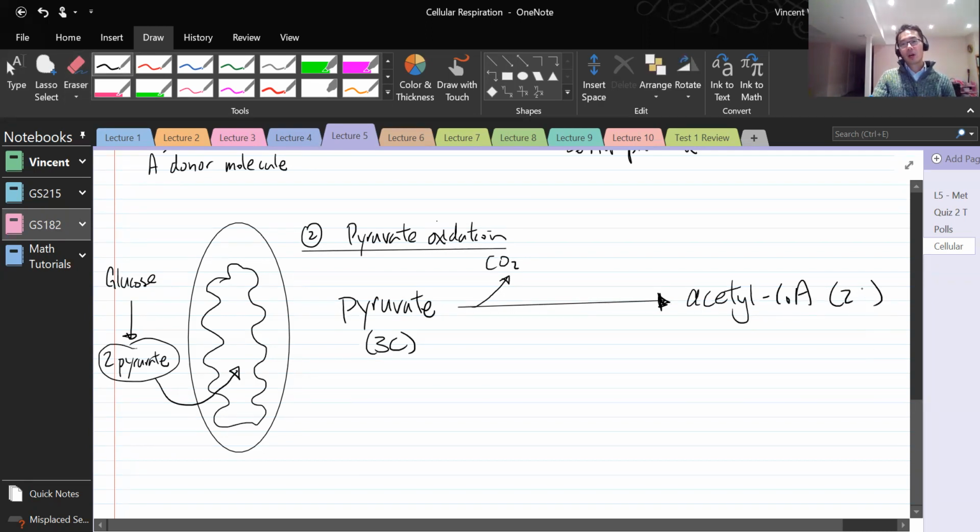So only 2 carbons from the original glucose will be remaining. We will be releasing high energy electrons from the pyruvate. So an NAD plus will come along, grab onto the electron, and become NADH.